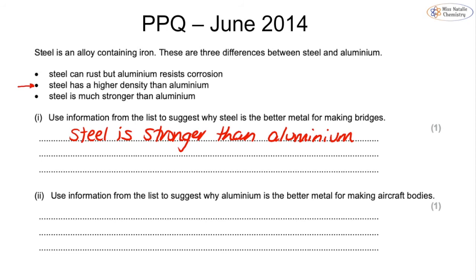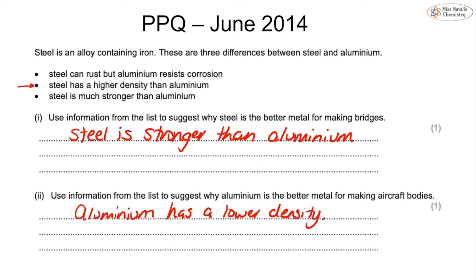If we want to use something in a vehicle that is going to have to fly, we want it to be quite lightweight. Now, you cannot just say lightweight, we want to specify about its density. So the fact that aluminium has a lower density.